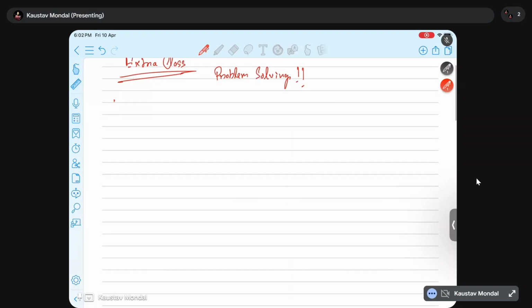So problem one. Thermally insulated vessels 1 and 2 are filled with air.